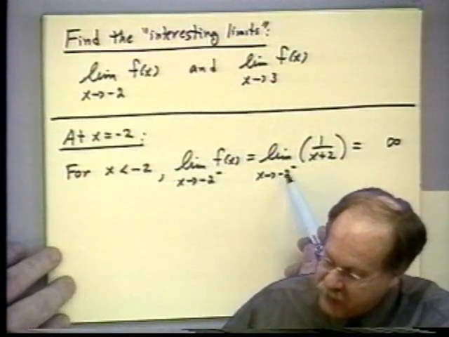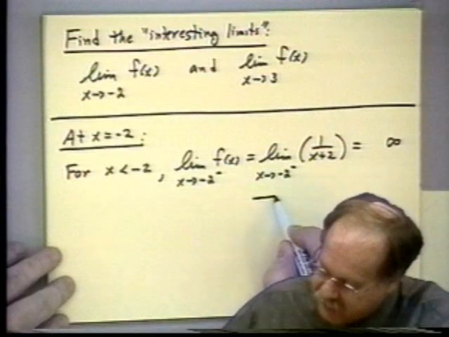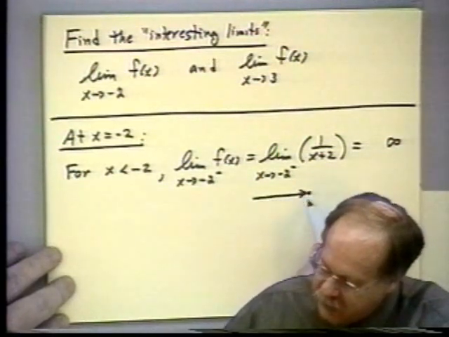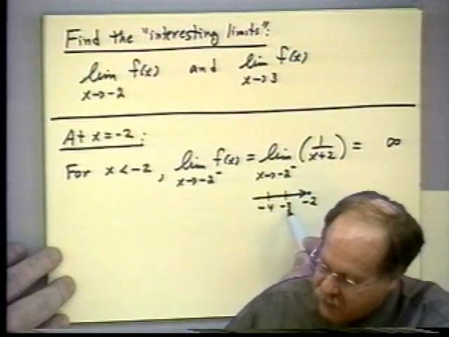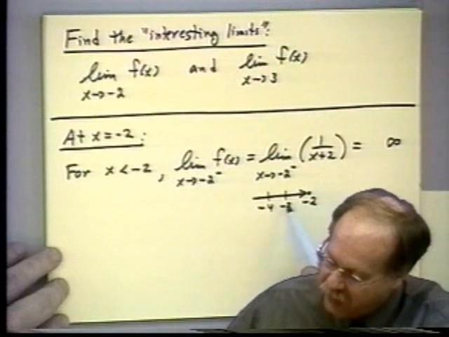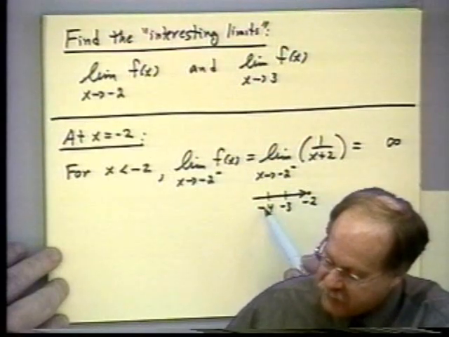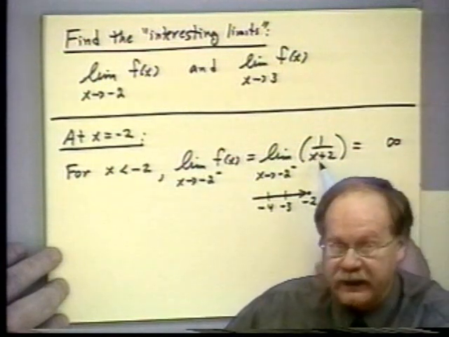Well, if we're approaching minus 2 from below, we might draw ourselves a little picture here. We're approaching minus 2 here. We're passing through minus 4, minus 3, all the way down to minus 2. Well, that means these numbers here are bigger, although they have negatives in front of them. And so if I took negative 3 or negative 4 in here, I would get a negative number.